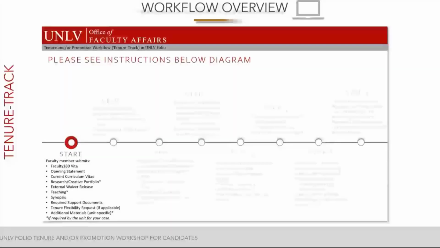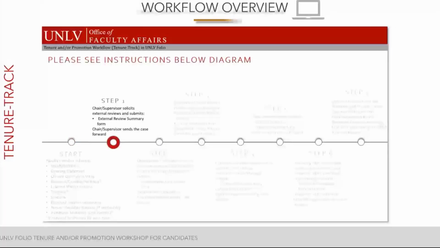So to begin with the tenure track workflow, once the faculty member submits the various components of their application packet, which we'll cover in detail next, it proceeds to go to the chair or supervisor. And at this point, your chair or supervisor has the ability to solicit external reviews, and they will do that through UNLV Folio.